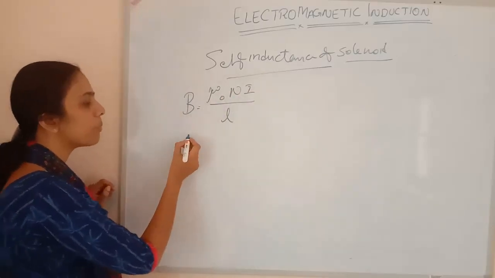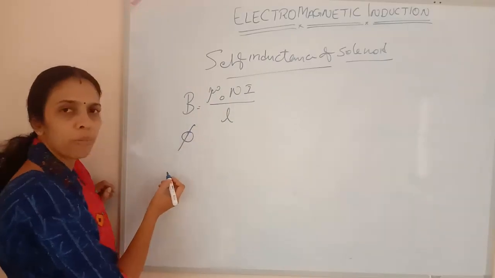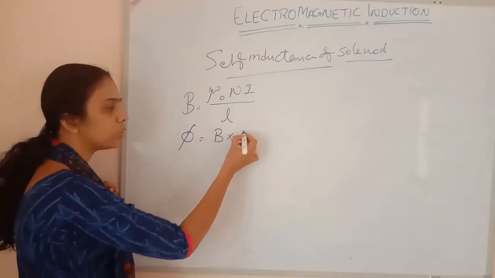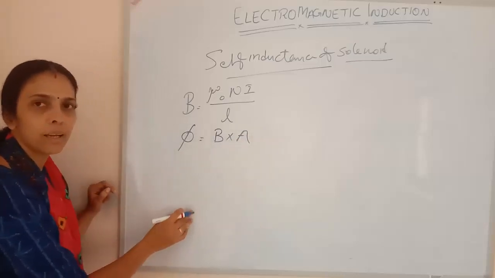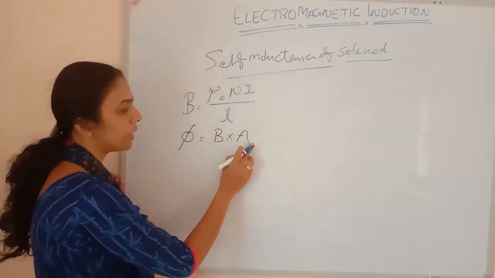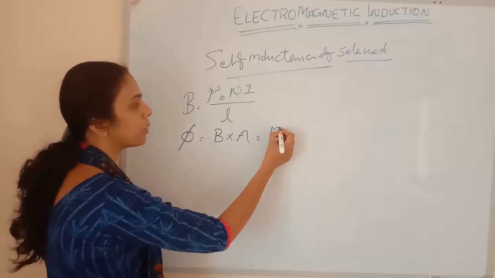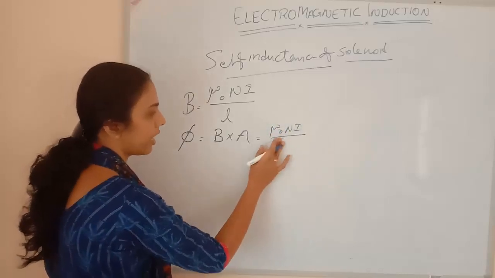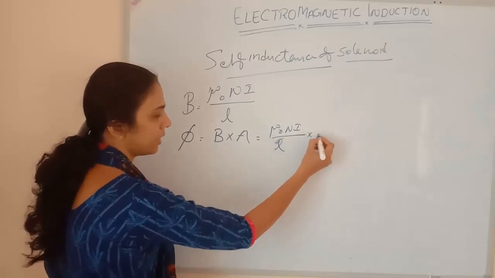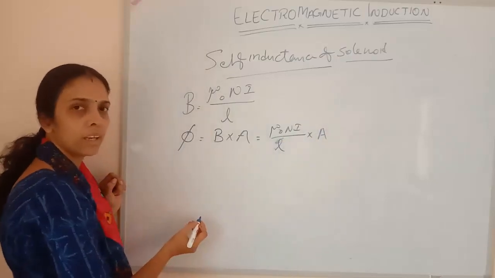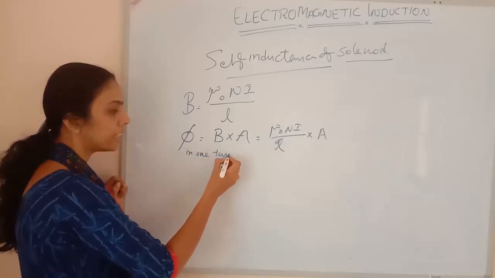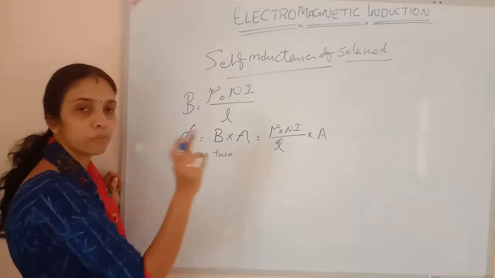What will be the flux linked with the circuit? Magnetic flux is magnetic field into area, B dot A. So B into A, where B is mu 0 N I by L, gives mu 0 N I by L into A. This is the magnetic flux linked with the circuit in 1 turn.